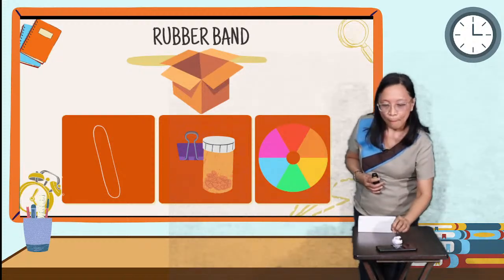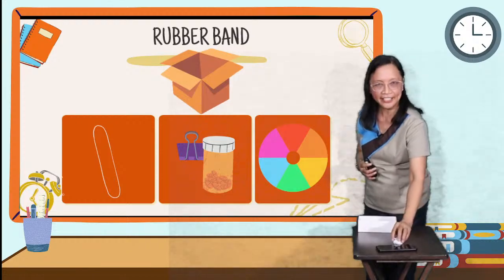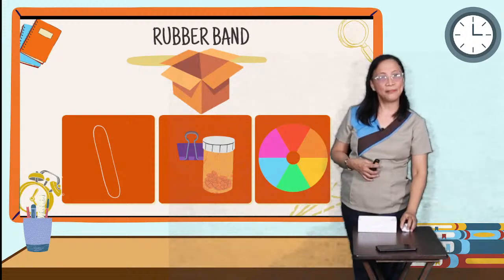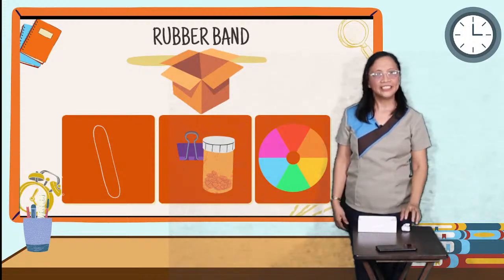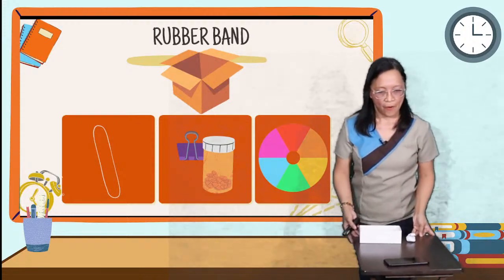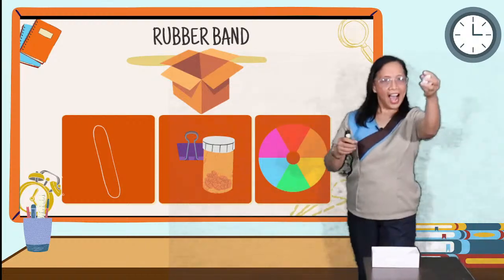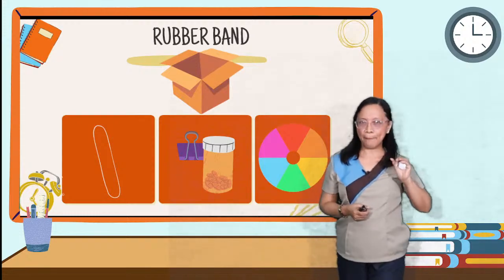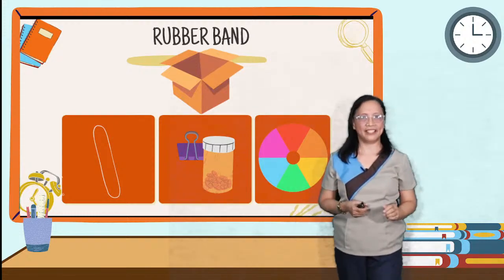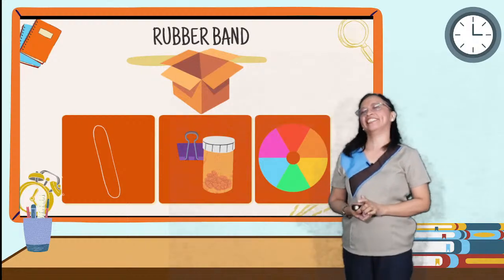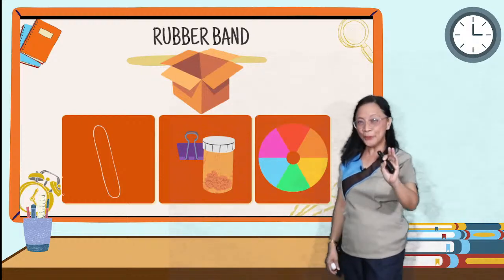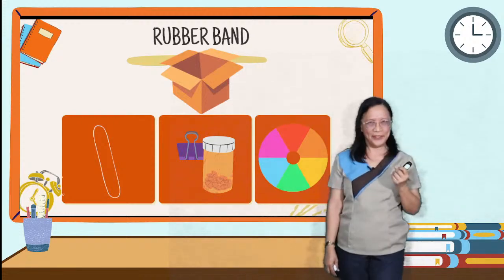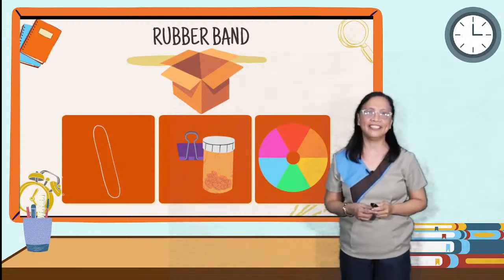I push, and then I can move it again by putting it back beside the box. And I pulled the paper. I pull, I push the paper. That's great. Please say the words again. Push, pull. Say it again. Push, pull. Right. Good job, my dear learners.